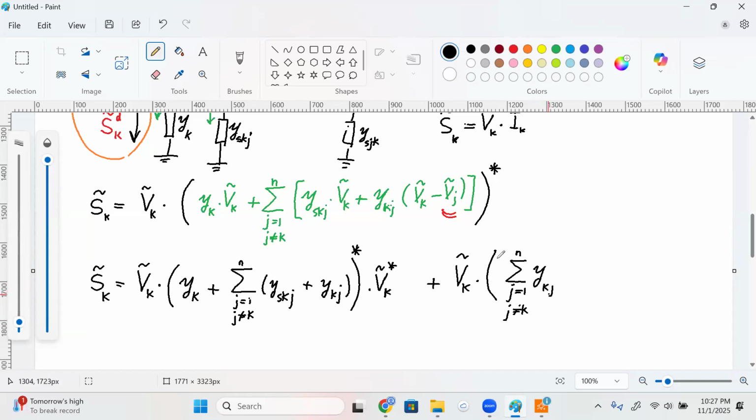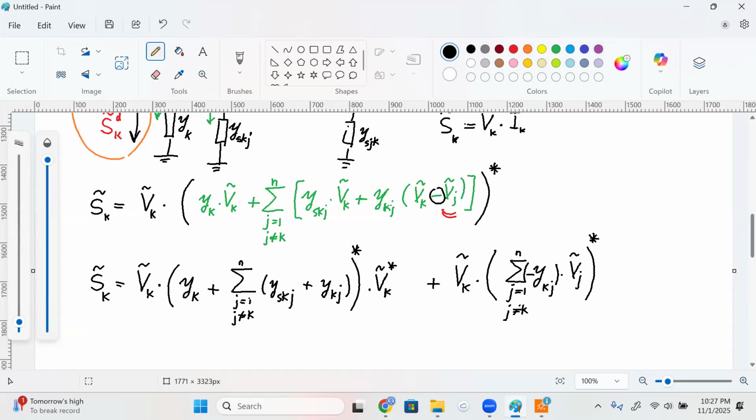YKJ times VJ. And the whole thing is conjugate. And what I forgot to show here is there is a minus YKJ because I have a negative sign here. So let me put this in parentheses here. Minus YKJ.